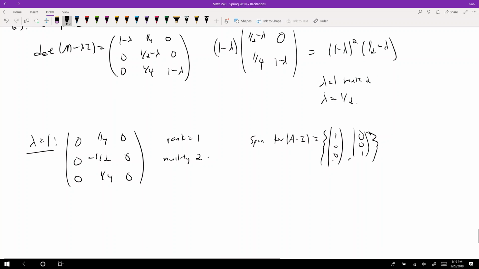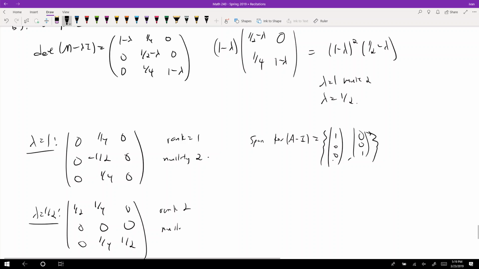Okay, and now lambda equals 1/2. You get [1/2, 1/4, 0; 0, 0, 0; 0, 1/4, 1/2]. Rank is 2, nullity is 1. And what's the span of the kernel? Yeah, 1, negative 2, 1 should work.